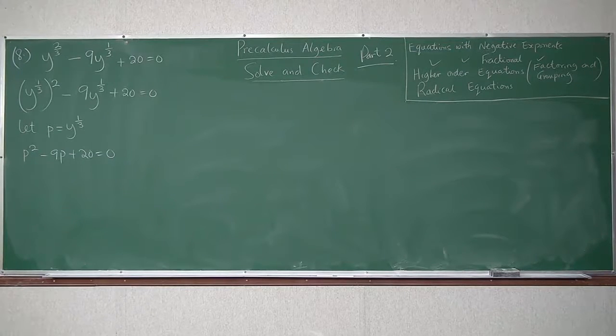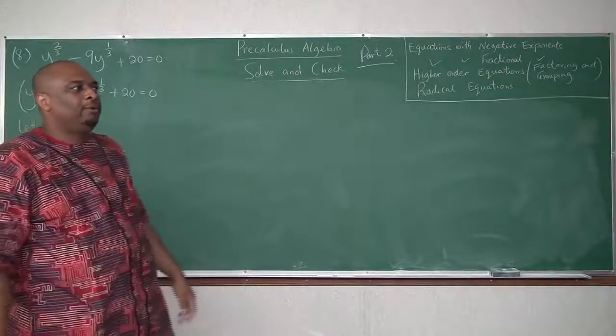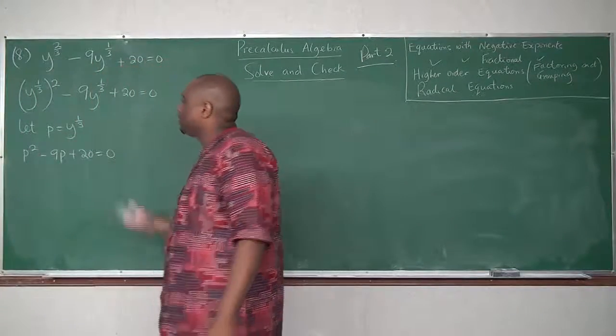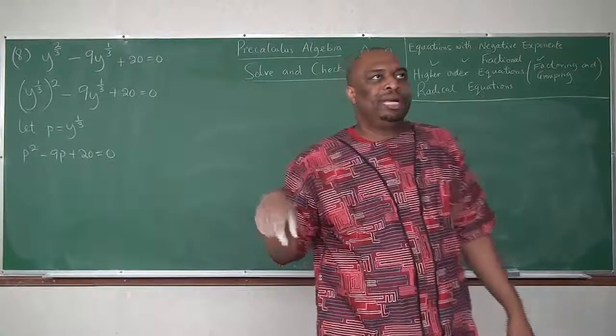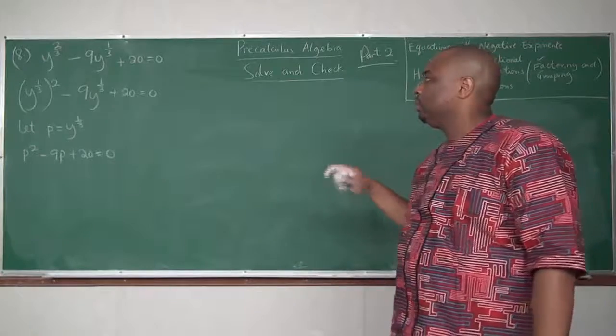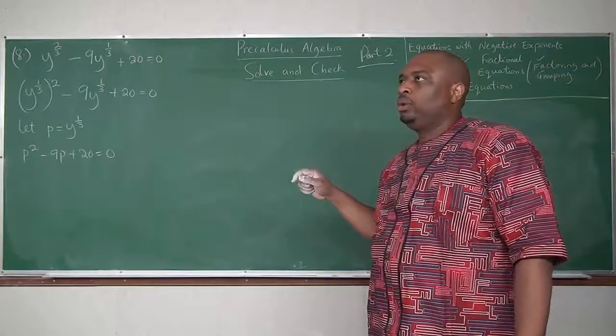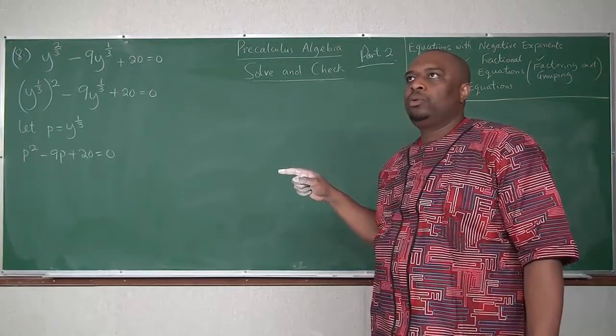Are you with me? We can now solve this by factoring. 1 and 20 will not work. Negative 1, negative 20 will not work. 2 and 10 will not work. Negative 2, negative 10 will not work. 4 and 5 will not work.